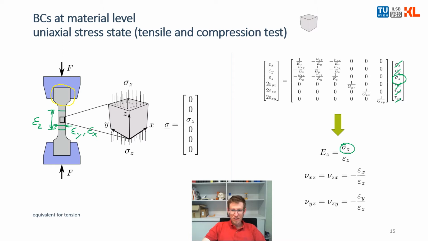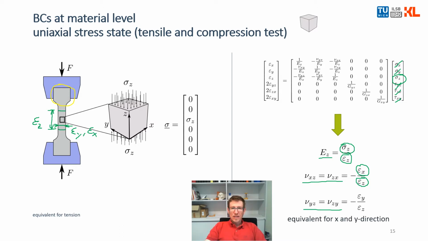That means this is known, this can be measured, this can be measured also here, and we can calculate the Young's modulus in Z direction and the Poisson ratios in that direction, right? We can get 3 material properties out of this uniaxial experiment.